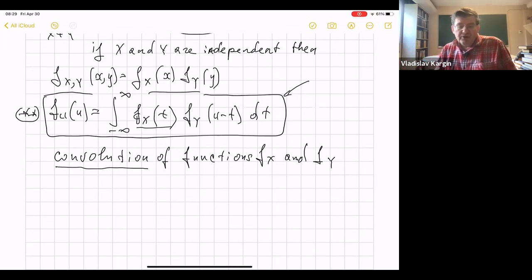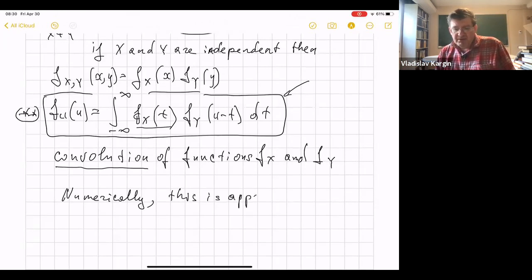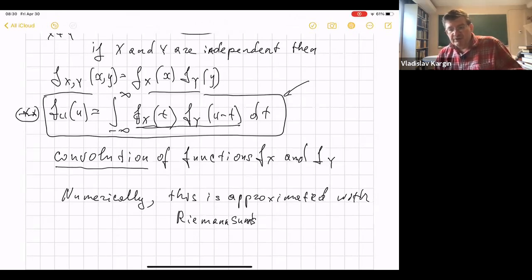And you calculate this integral by approximating it with Riemann sums, which means that you evaluate this function at some specific grid of points of t, and after that, instead of the integral, use the summation.